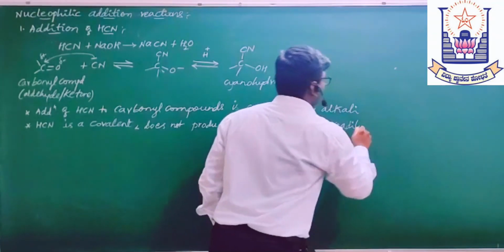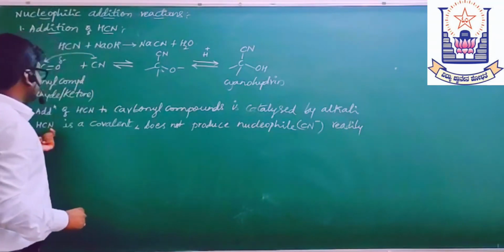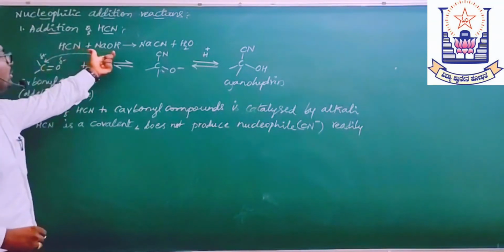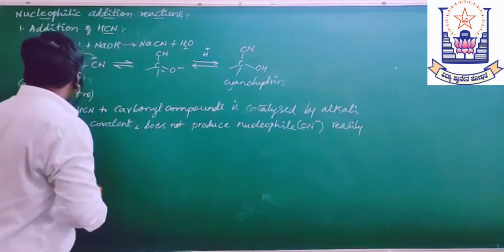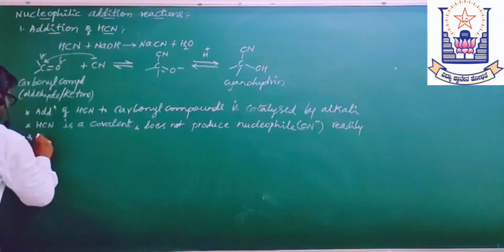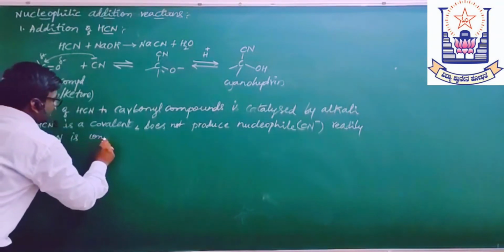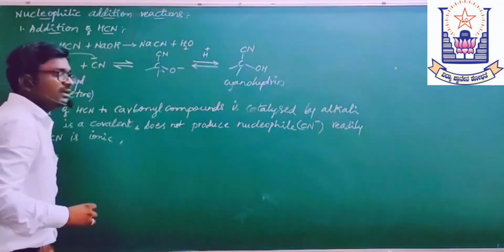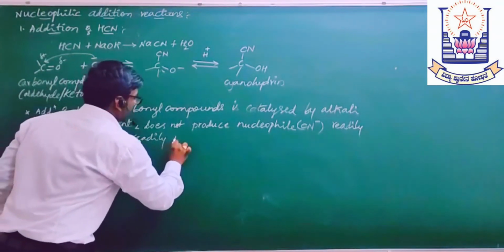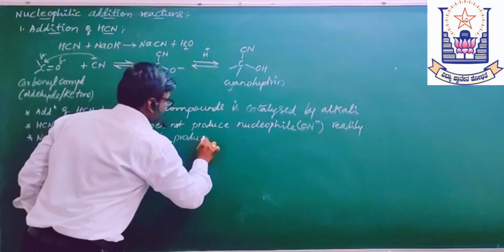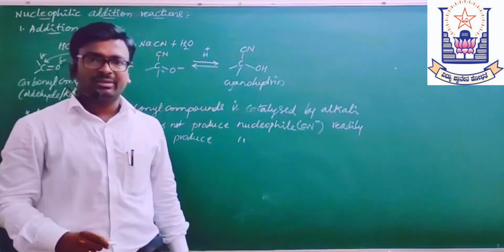That is why we treat this HCN with NaOH so that we get NaCN. Here NaCN is ionic and readily produces the nucleophile, CN minus.